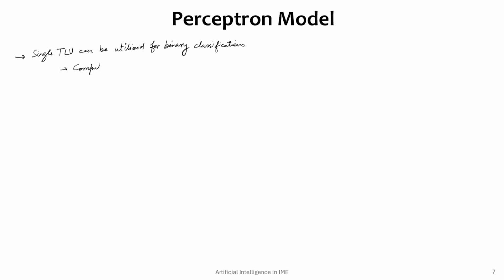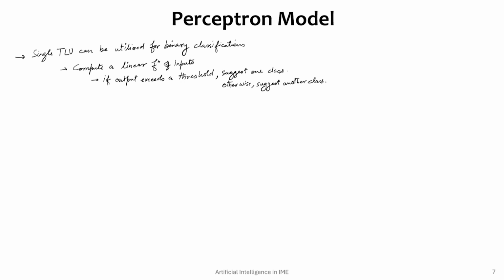We simply compute a linear function of inputs, and if the output exceeds a threshold, we suggest one class, otherwise we suggest another class.